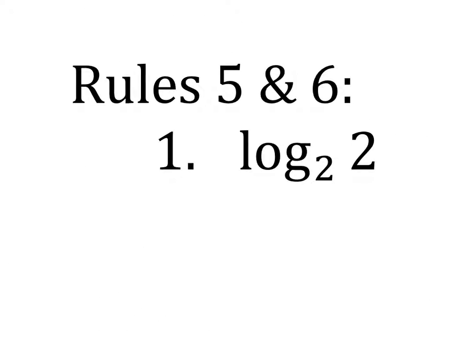I'm going to help you with a few of them, and then you're going to finish the rest. Log base 2 of 2, using the rules from the previous page. Log base 2 of 2 is what? 1. Basically there's an invisible 1 there, and it all cancels out, so you get a 1. The log goes away as well. You end up with a 1.